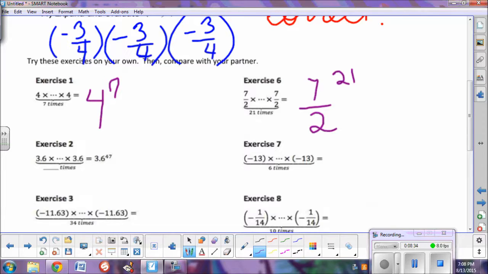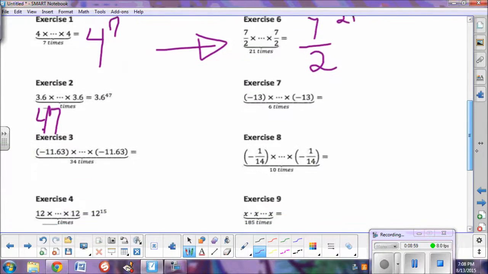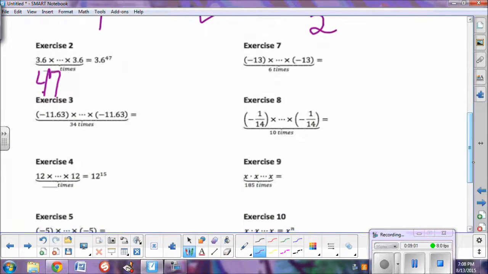Down in exercise, whoops, I skipped over to exercise number 6. But backing up and going to exercise number 2, it says 3.6 times, and then it says 3.6 to the 47. So how many times are we multiplying 3.6? 47 times. That's a lot of times. That would be a lot of 3.6s to write out if we didn't have our nice little shortcut of exponential notation.